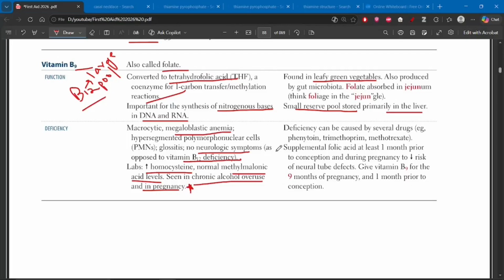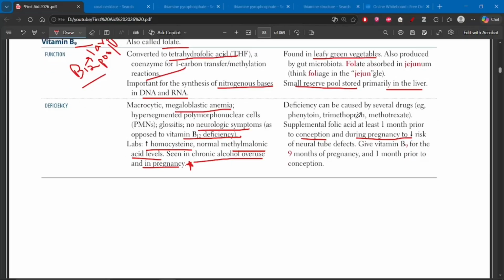All of this you would remember anyways due to studying other such systems. Deficiency can be caused by several drugs: phenytoin, trimethoprim, methotrexate. Supplemental folic acid is advised at least 1 month prior to conception. This is also important: for females who are expecting to get pregnant, you have to advise supplemental folic acid.